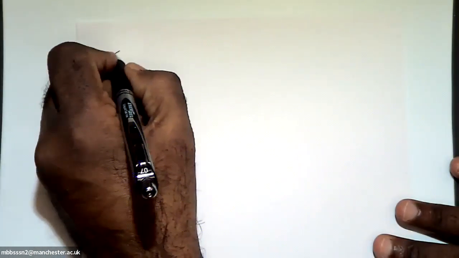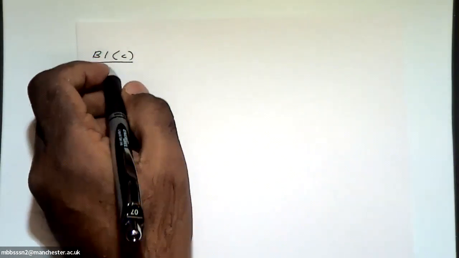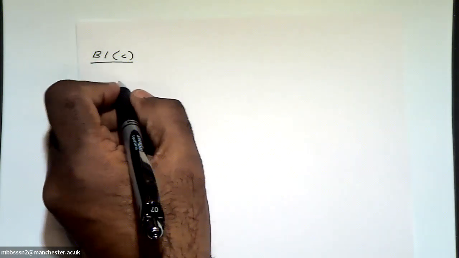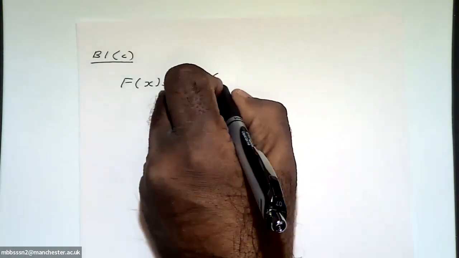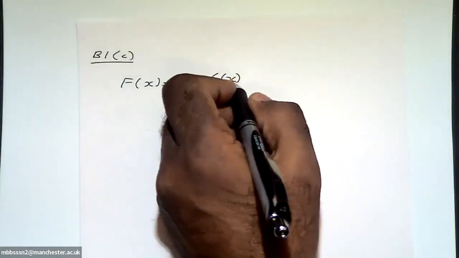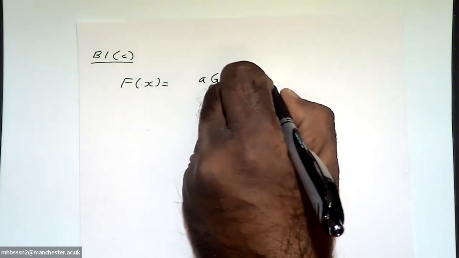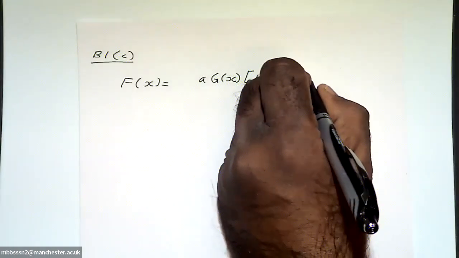So this is B1 part C from last year's exam paper. You're told that f of x is equal to a times g of x. This will be similar to the question that you will get tomorrow and Friday.